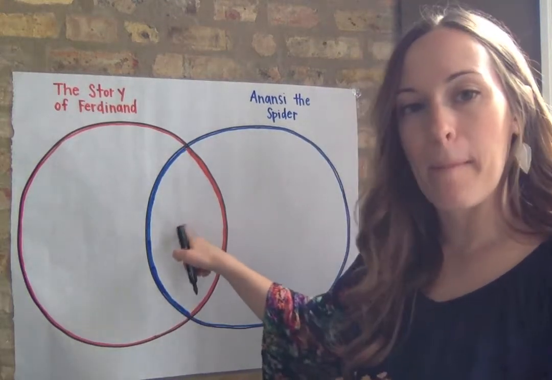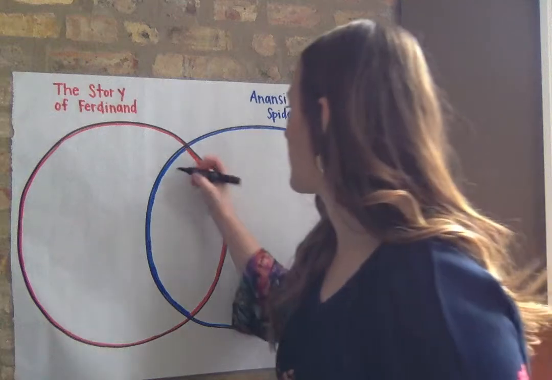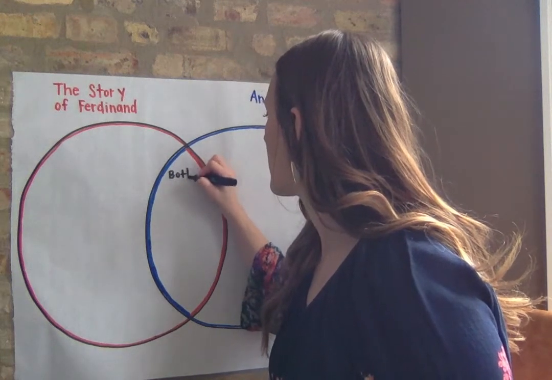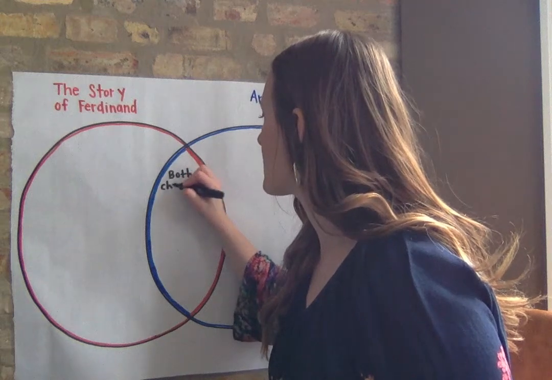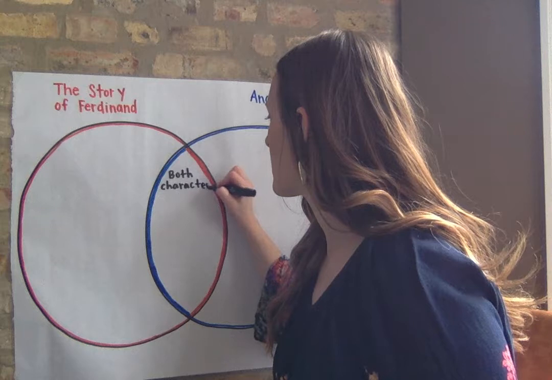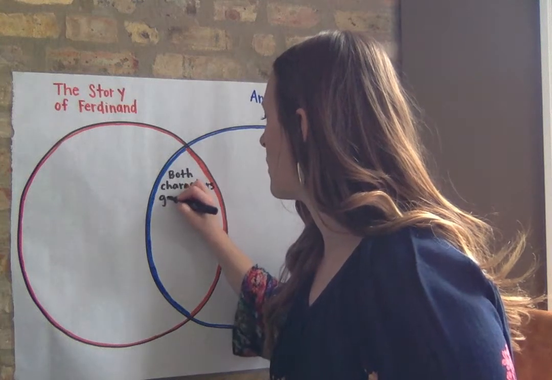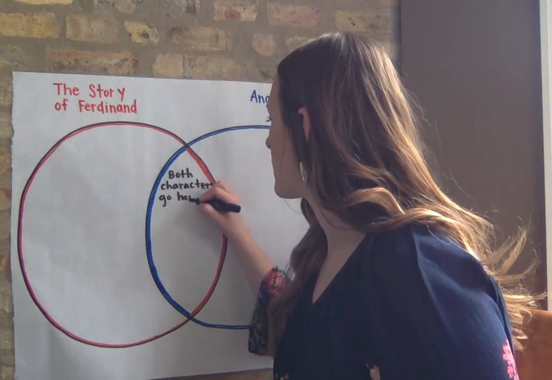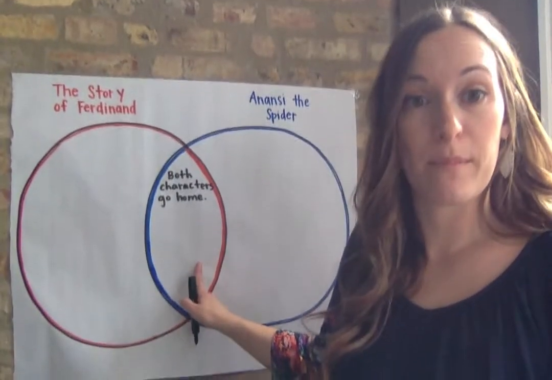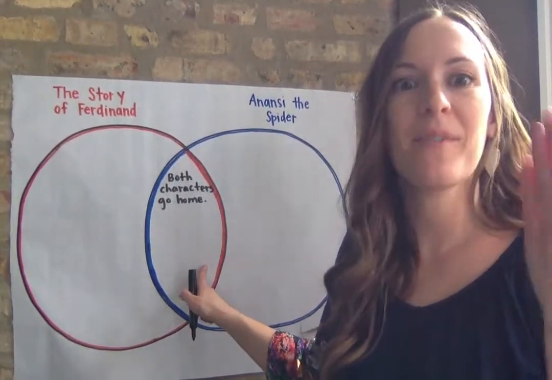I'm going to write that in the middle of the Venn diagram. Both characters go home. That's in the middle because that's the same.